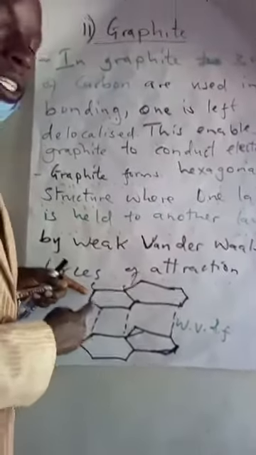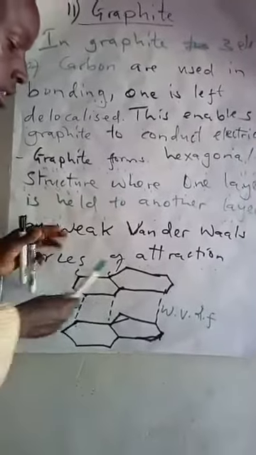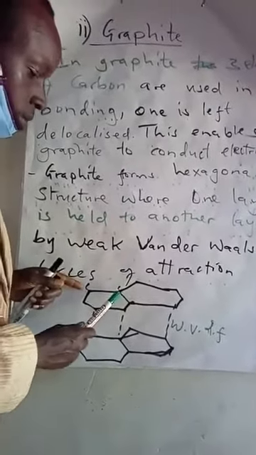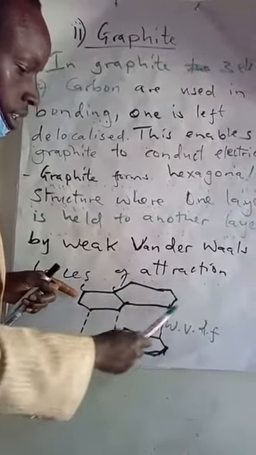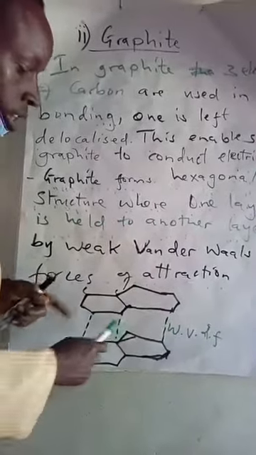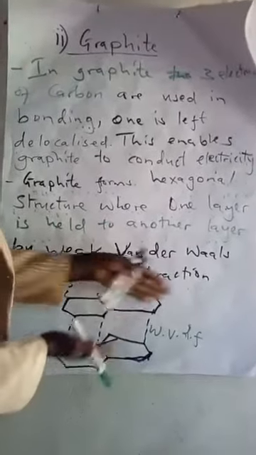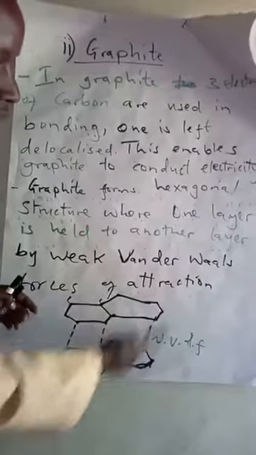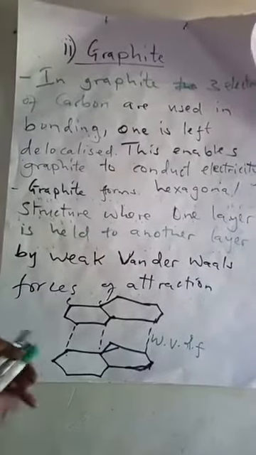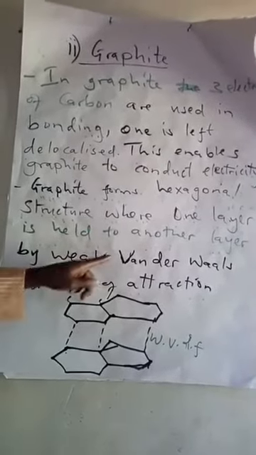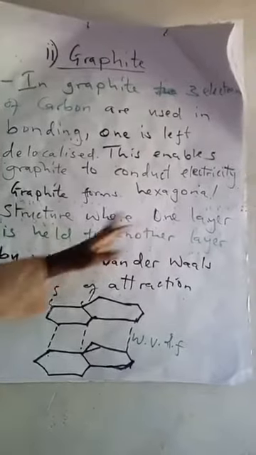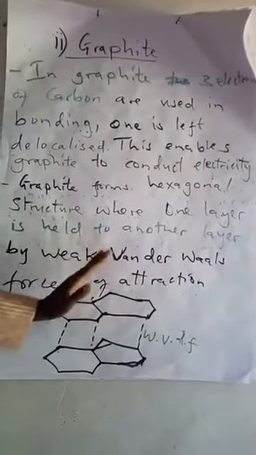Of course, the corners or the vertices are carbon atoms. So this is one layer, this another layer, between the layers is weak van der Waals forces of attraction. So that's why we have said one layer is held to another layer by weak van der Waals forces of attraction.